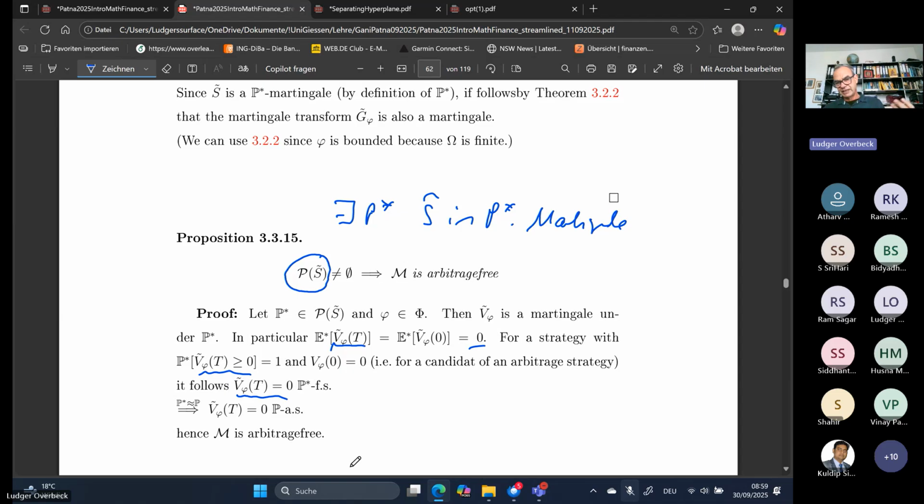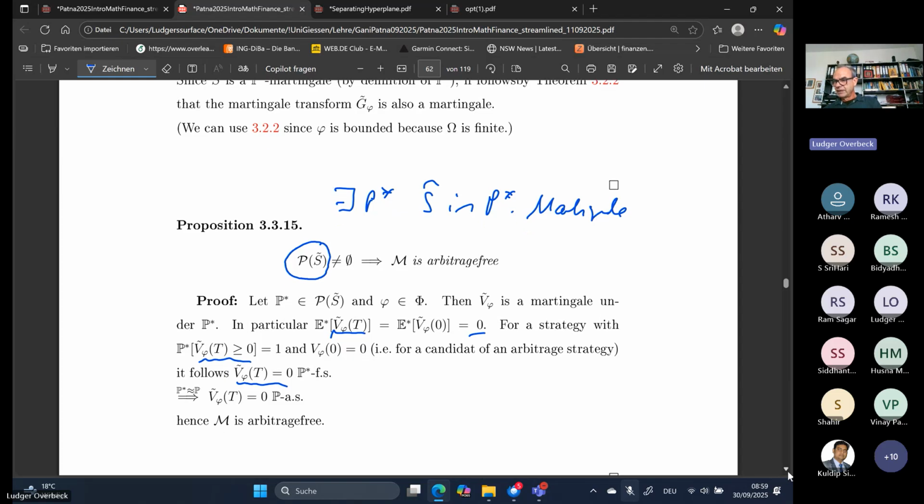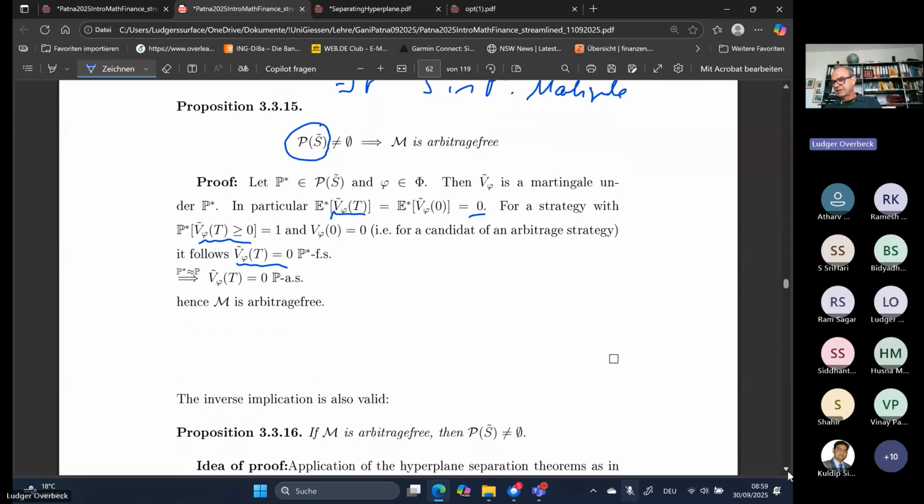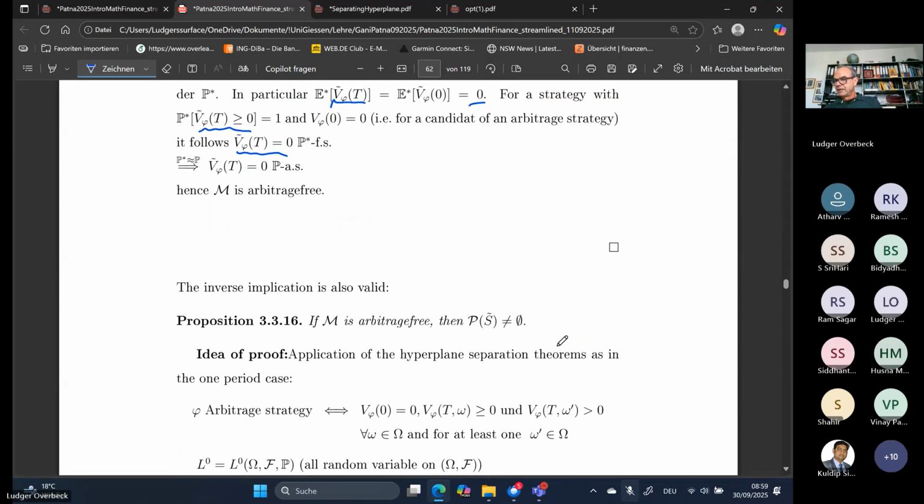As I said, you can use diffusion processes, Lévy processes, and in all cases you find an equivalent martingale measure. And of course, like in discrete time, the inverse is also valid: if M is arbitrage free, then we find a martingale measure.